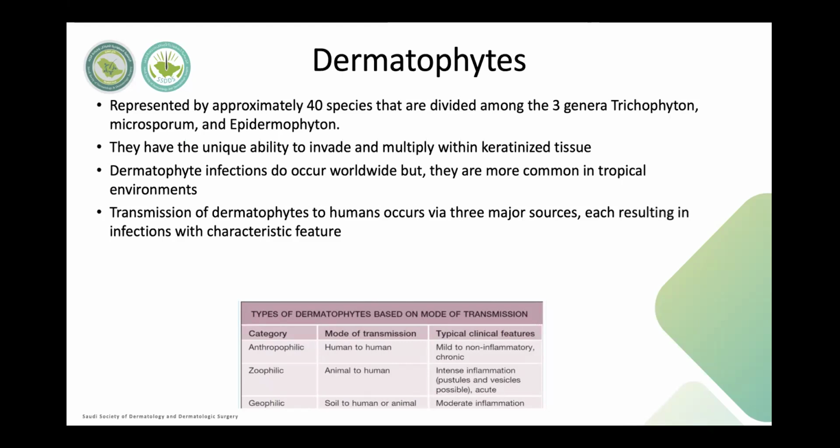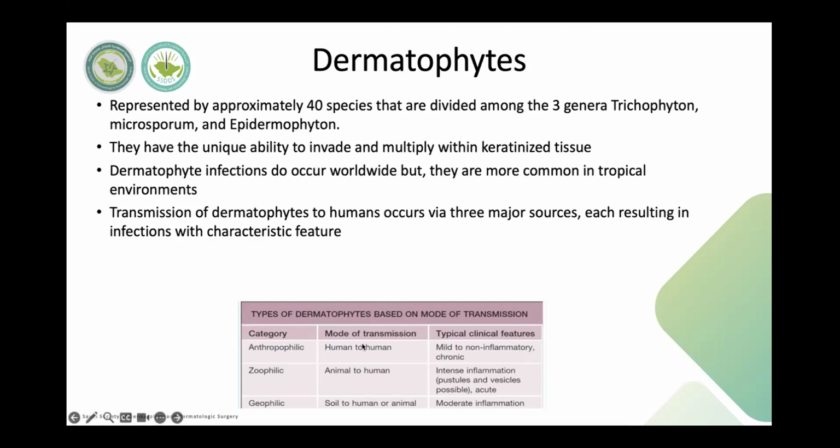There are more than 40 species among 3 genera: Trichophyton, Microsporum, and Epidermophyton. The most important one is Trichophyton rubrum, the cause of most infections, but others can also cause infection. It can be transmitted human to human, called anthropophilic, animal to human, zoophilic, and soil to human, geophilic.